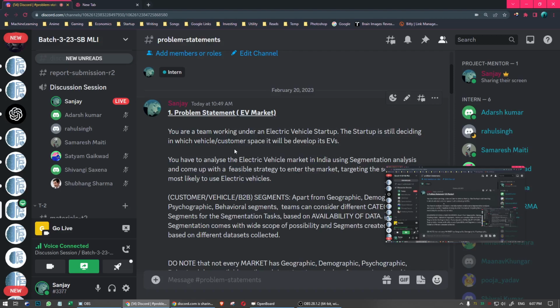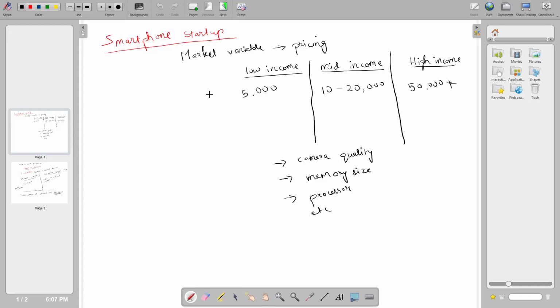Because we are trying to launch new products, we can't target everything. If you are a smartphone company launching new phones, you can't target every price segment. It's very difficult because you have a budget, employee cost, production cost, and a lot of overhead cost. So you have to pick a particular market segment.